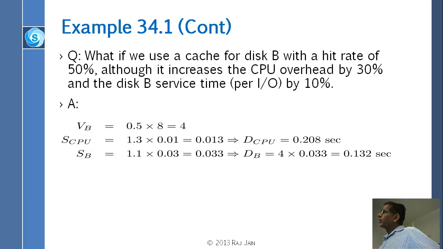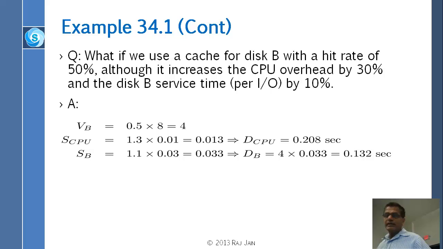CPU visits go up because the cache has to be handled by the CPU, and therefore the total CPU demand goes up to some number. And then you calculate the new demand.